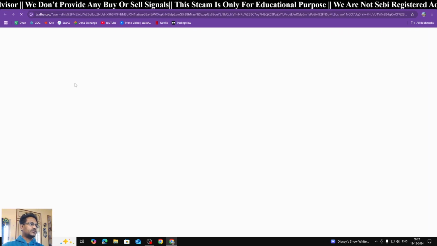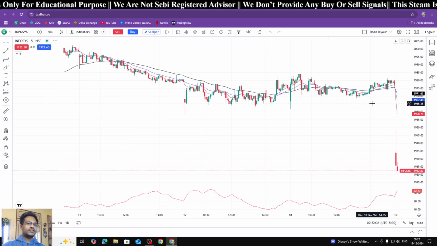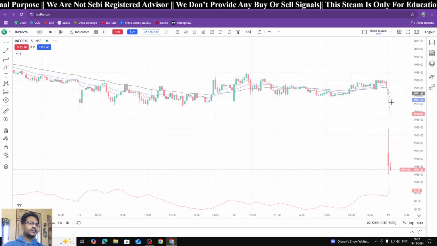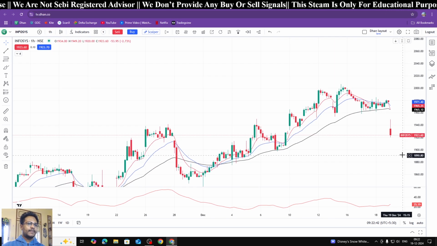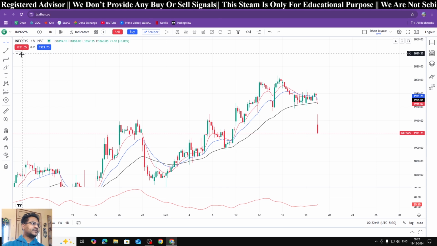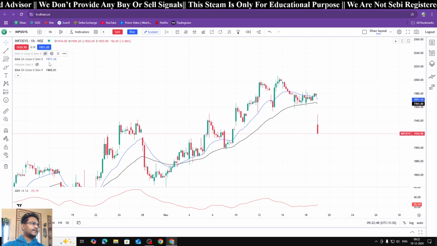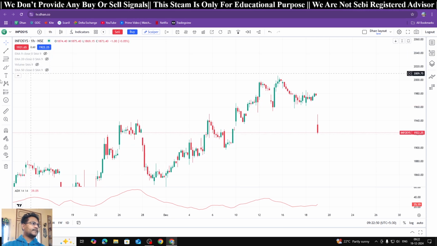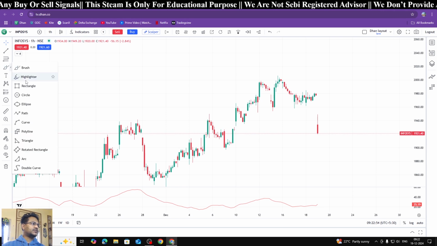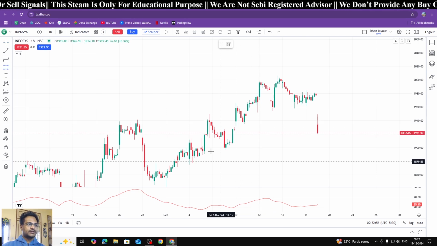Now let's go ahead and open it. The first thing you'll have to do is check for levels. For levels, get into the 1 hour time frame and check where we have the nearest support and resistance. Let's mark support and resistance.